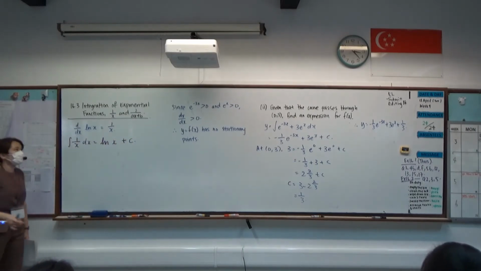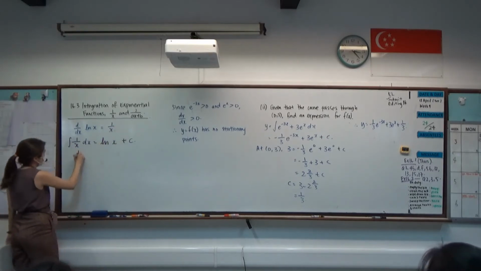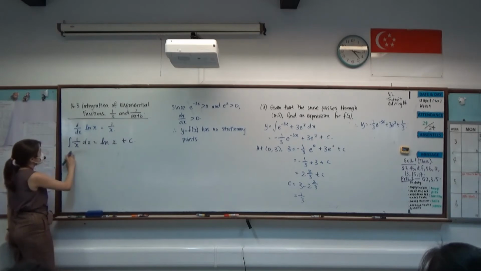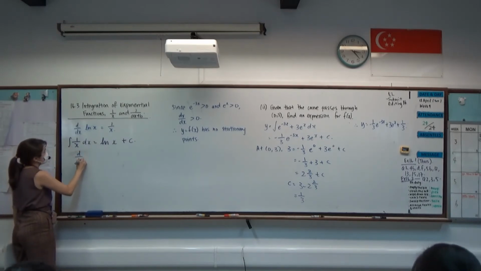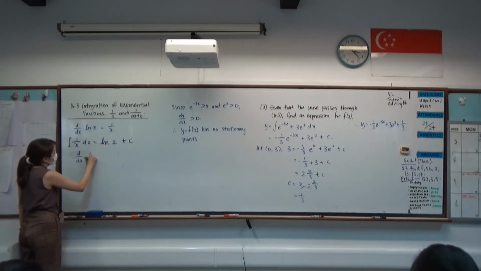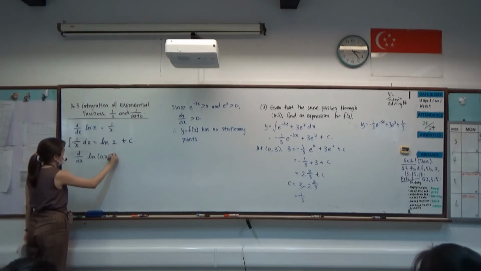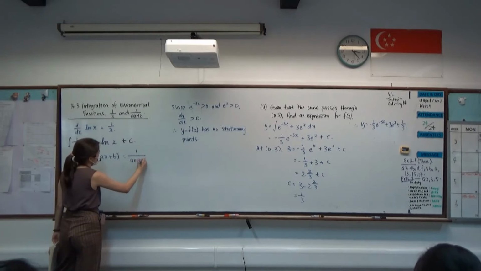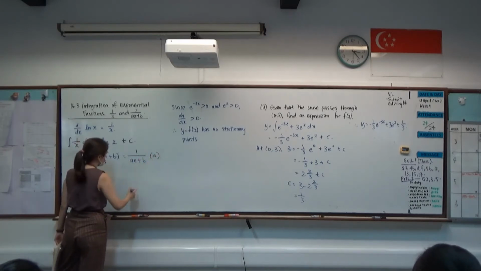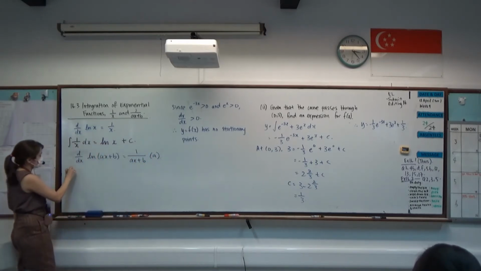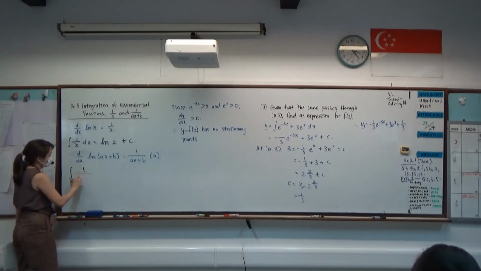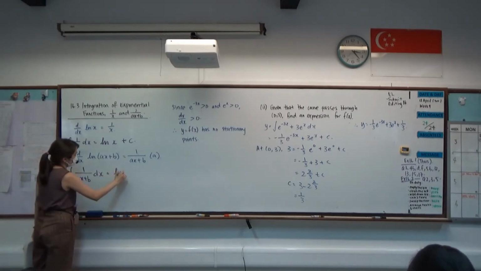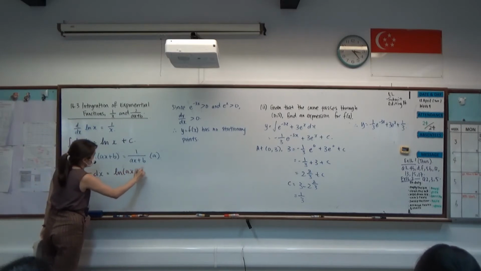Likewise, when we differentiate d over dx of ln(ax plus b), we learned that it will be 1 over ax plus b, times a. This tells us that if I integrate 1 over ax plus b, I should get back ln(ax plus b).